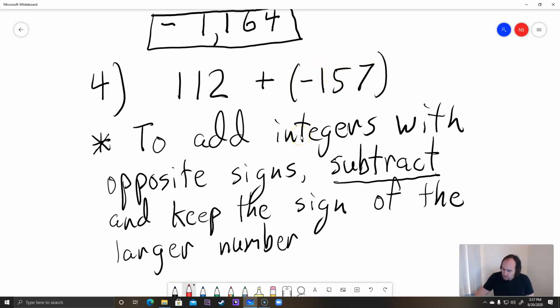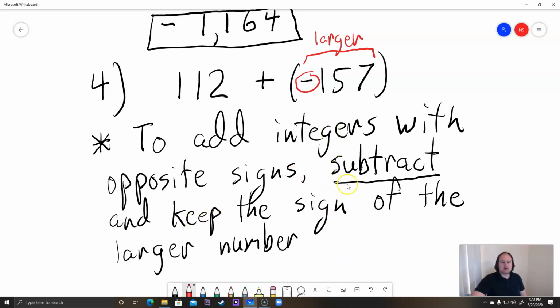Okay, so here, this is the larger number. The negative 157 has the larger absolute value. So that means our answer is actually going to be negative. Okay? And notice I said if they have opposite signs, you have to subtract.